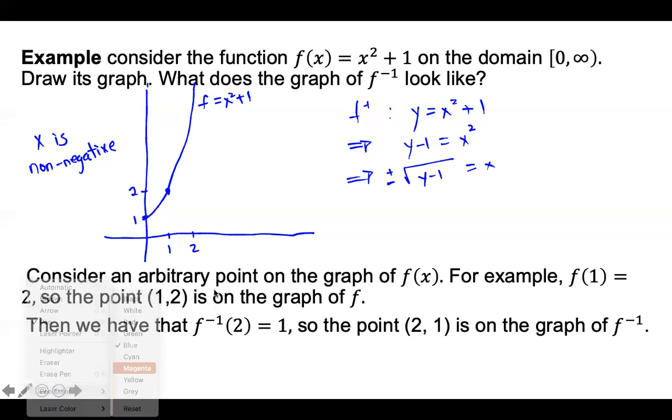But because the domain is greater than or equal to 0, x is basically non-negative, we don't have to worry about these negative values. You don't have to worry about that because of this.